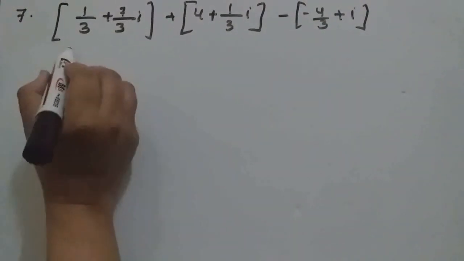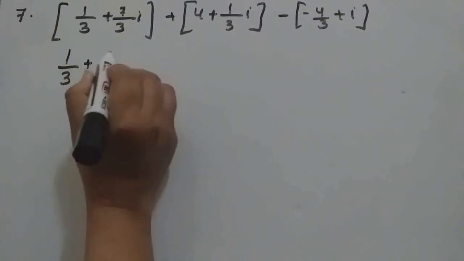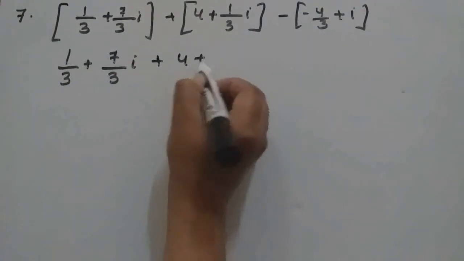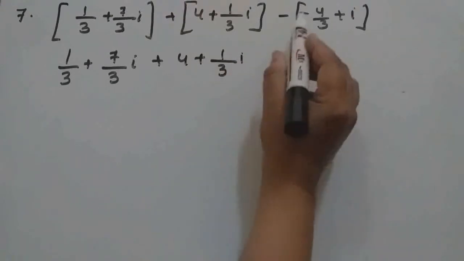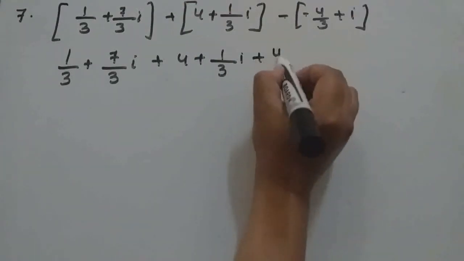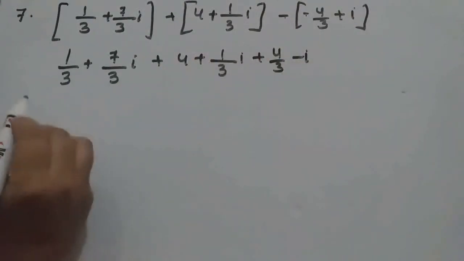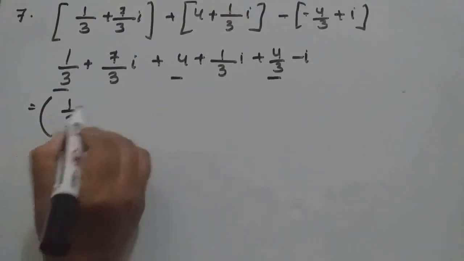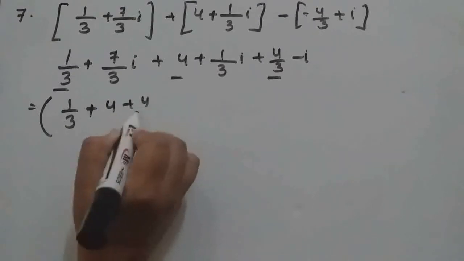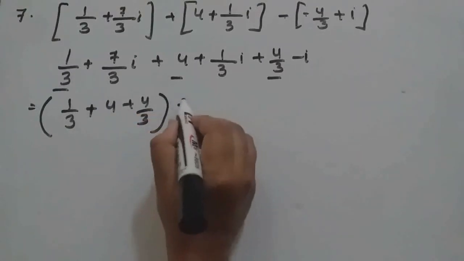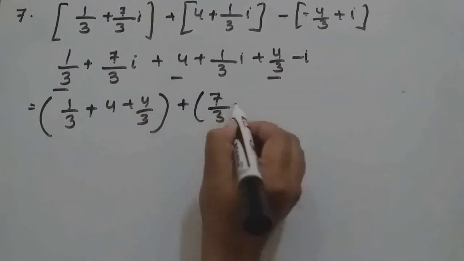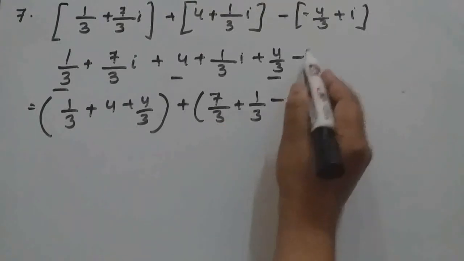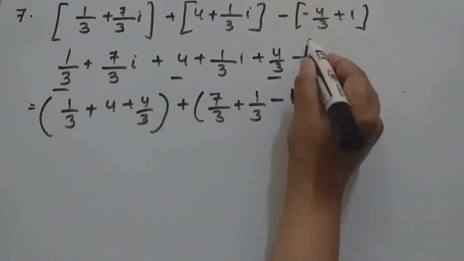For this question, first we will open the bracket and then we will write real part together and imaginary part together. So minus minus plus 4 by 3 minus i. So all the real part together. So 1 by 3 plus 4 by 3 plus 7 by 3 plus 1 by 3 minus, here 1 we can write, isn't it?